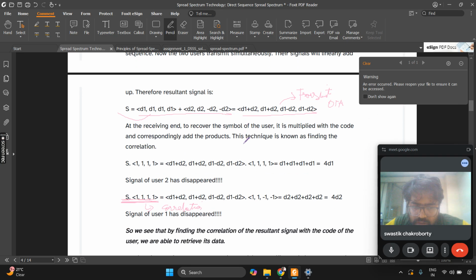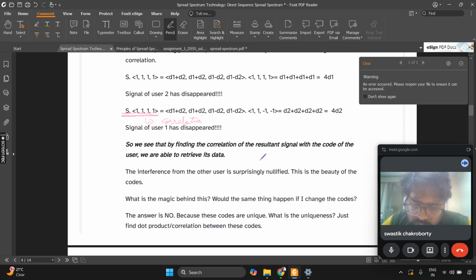So we can say that d1 and d2 have been effectively recovered.